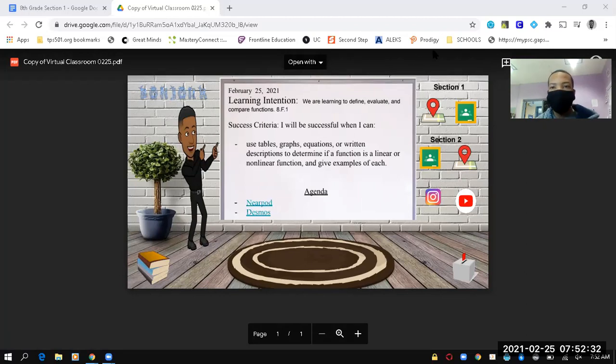But before we get started, I want to review something we went through. Do we remember what type of examples or what type of methods we can use to determine if a relation is a function?